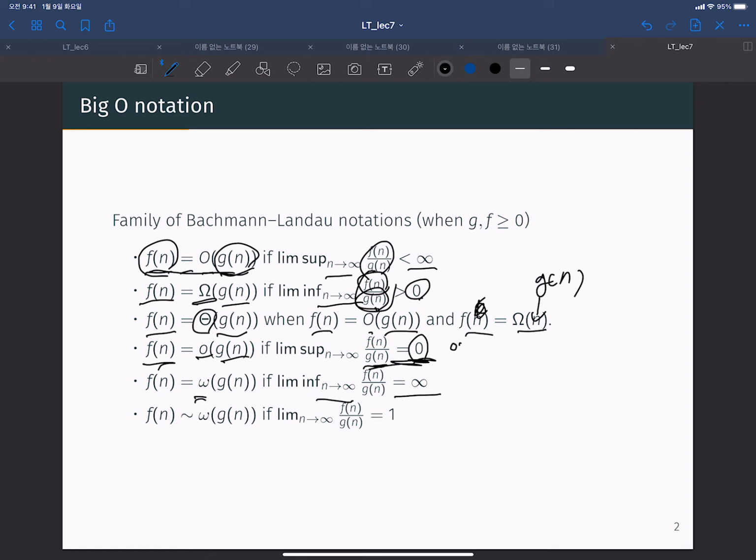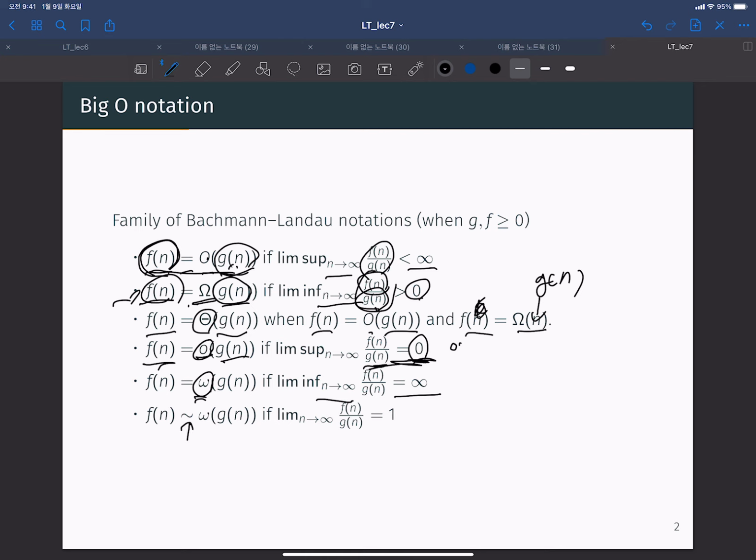So big O and big omega imply the order of f(n) is less than or equal to, or bigger than or equal to, the order of g(n), and small o and small omega remove the equality in the order comparison.